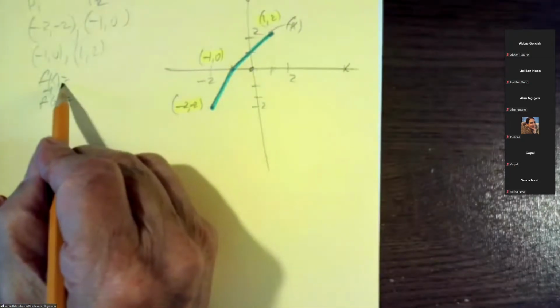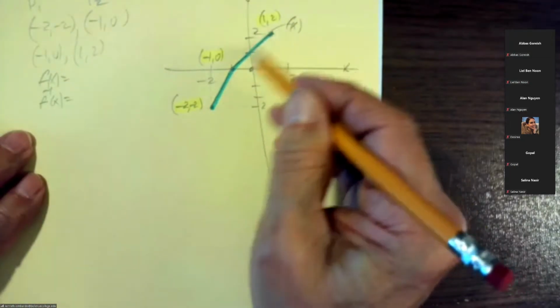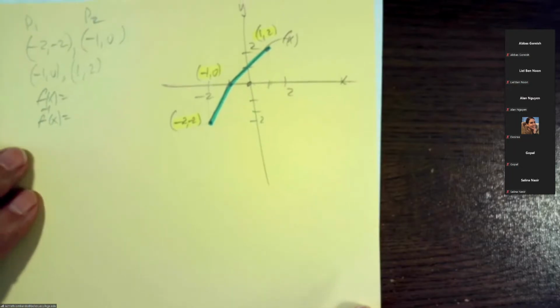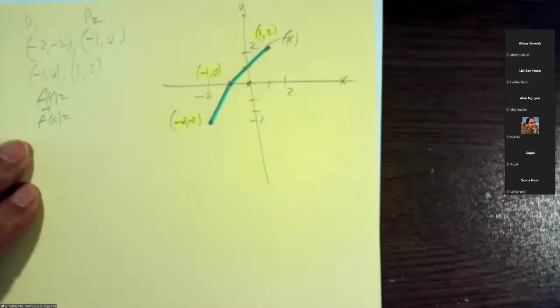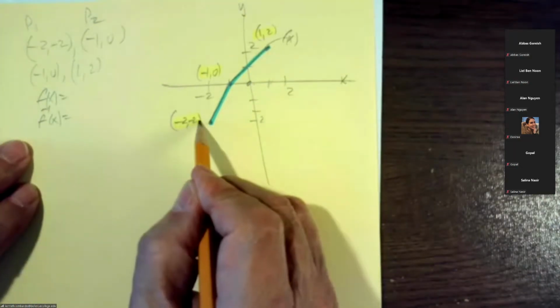I don't have an equation, but I have points on the graph. And the way we do that is to invert the points, or reverse the points.